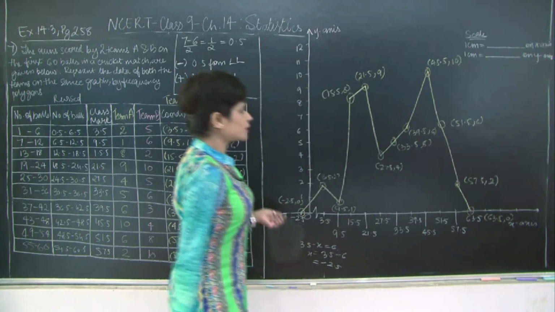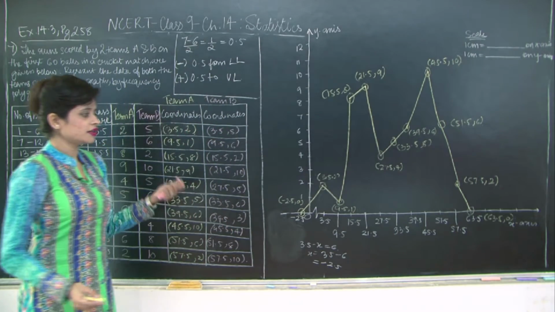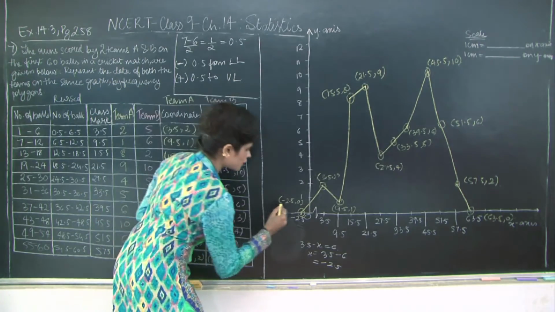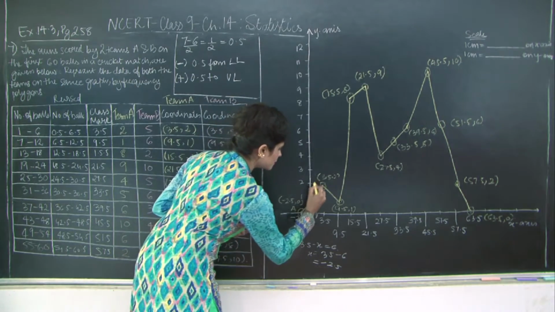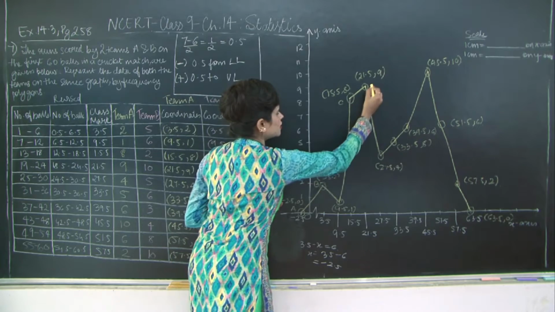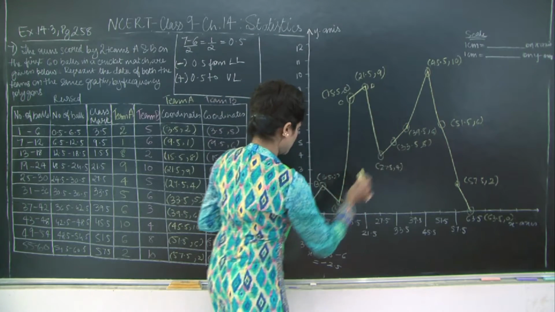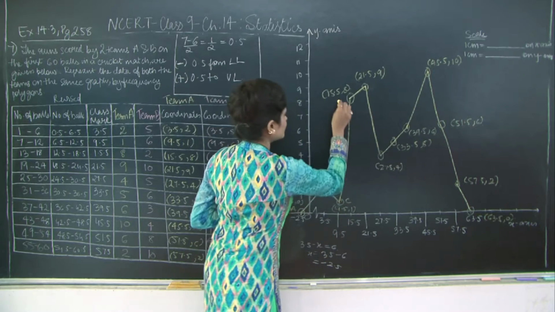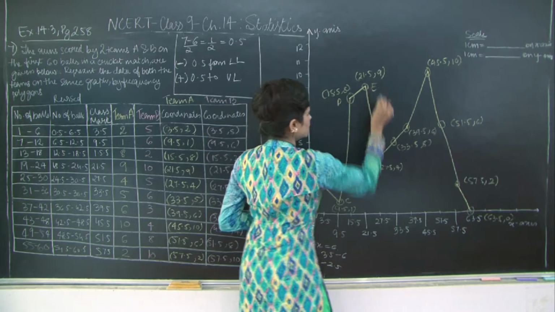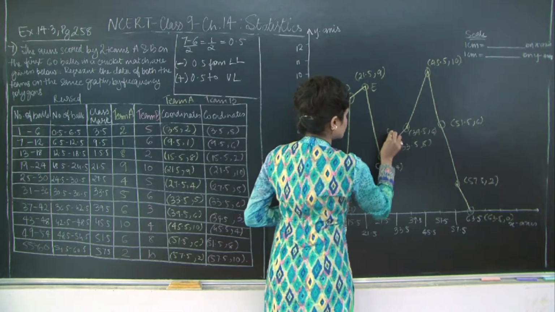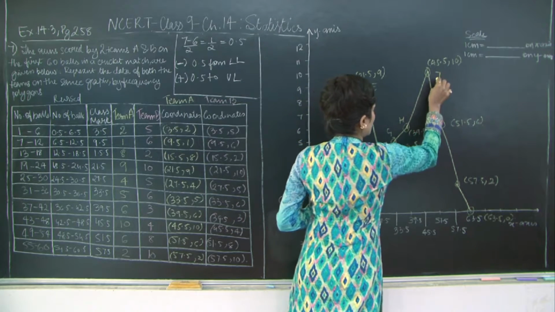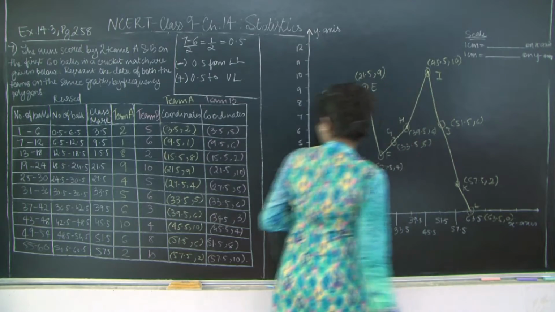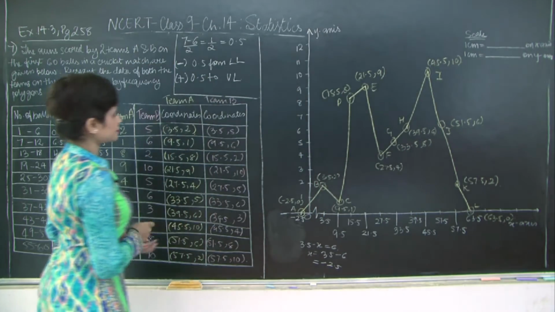So here is the frequency polygon representing the scores of team A. We will give it a unique name. So let's give it A, B, C, D, E, F, G, H, I, J, K and L. So where do we write this down?